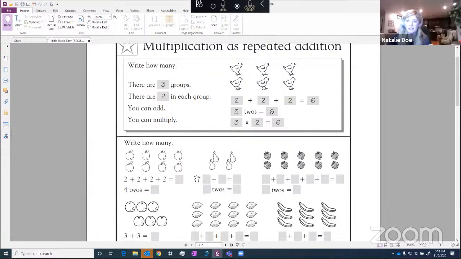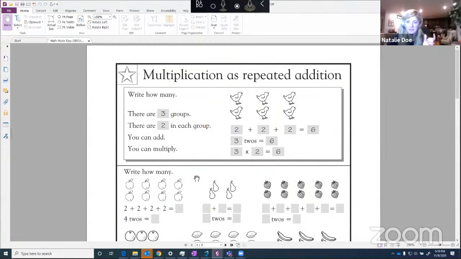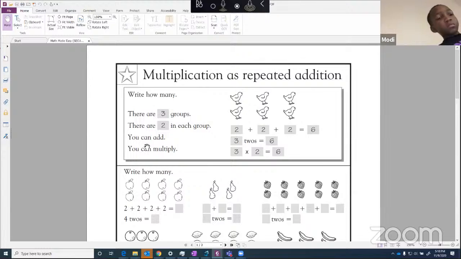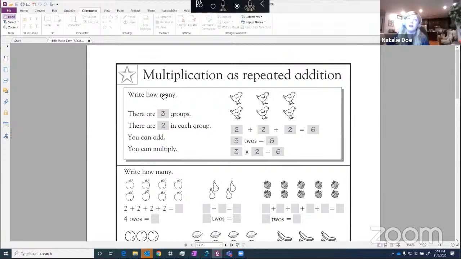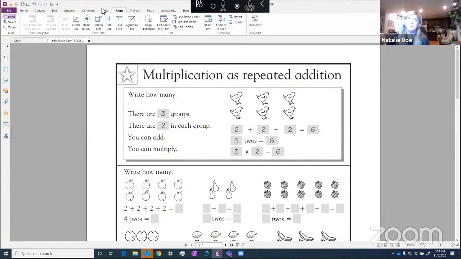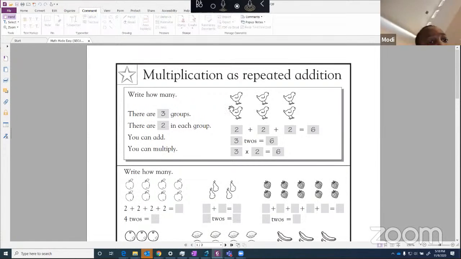So repeated addition is another way that you can look at multiplication because the two of them are related. For example, 2 times 3. So this one right here, we've got 6 chicks. If you look at it, there are 3 different groups of chicks. We've got 1 here, 1 here, 1 here. There's 3 groups of 2 chicks.